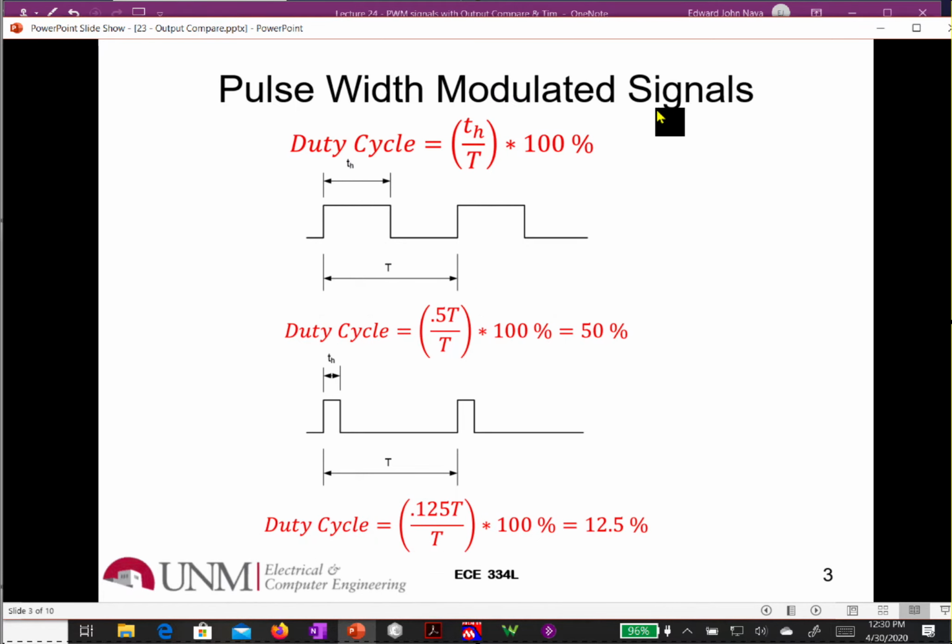And basically what we're doing is we're generating pulse width modulated signals where we vary the duty cycle. The duty cycle is basically the percentage of time that the signal is high, so I can calculate the time that it is high and divide it by the period of the signal and come up with the duty cycle. And we express duty cycles in percentage.